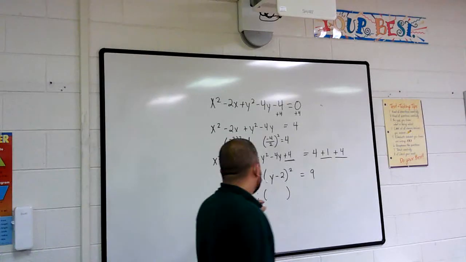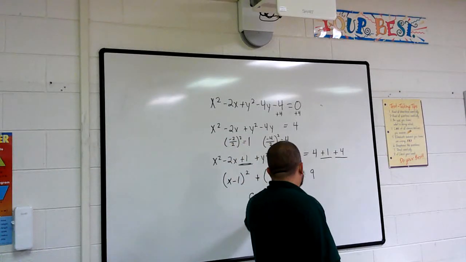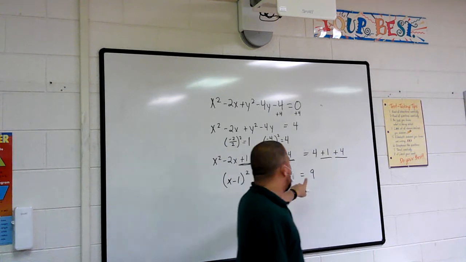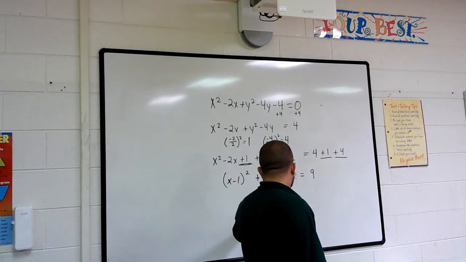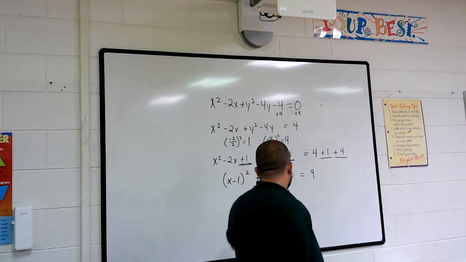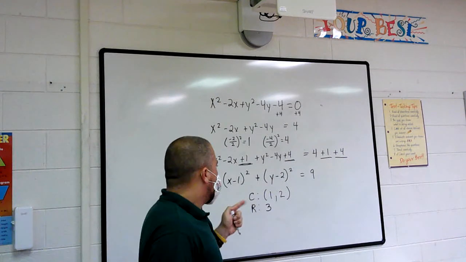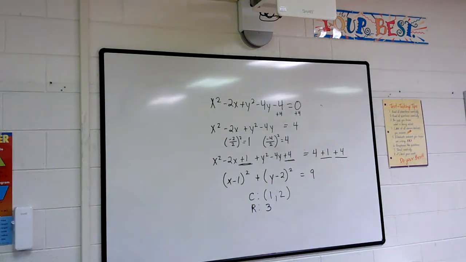Yep. 1, 2, and the radius is not 9, but what? 3. It's the square root of that. So the center is 1, 2, and the radius is 3. And you have finished by completing the square. Okay, so that is what we're looking for today.